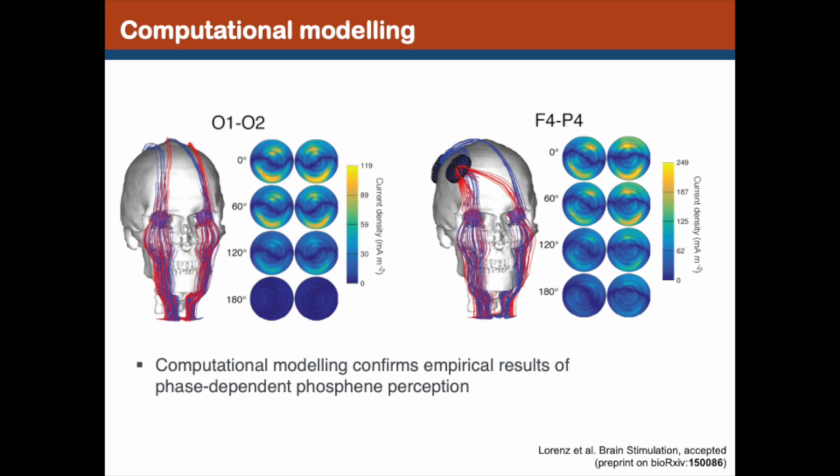When the two oscillations come in with the same phase, they reach the retina at a higher intensity. The retina is super sensitive to this, with lots of water, so it allows the current to go through. Whereas at 180, the current is actually cancelling out in your retinas, and that's why you have lower intensity.